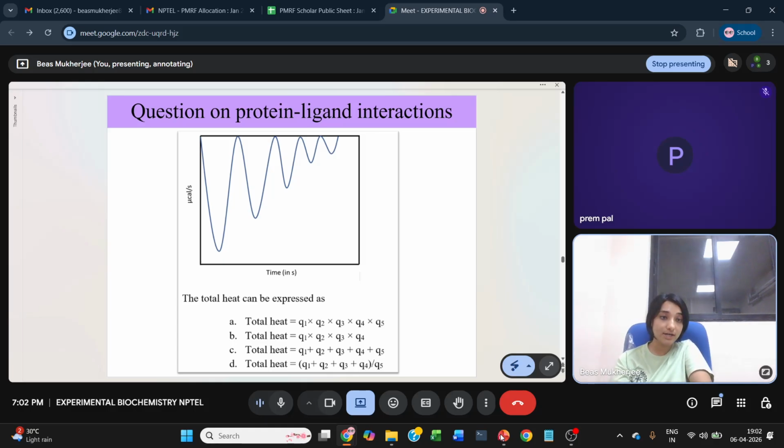Okay. Now this is another important question. This is the raw data plot of a particular thermogram. Now you can see the total heat can be expressed as. So there are these different Qs, and whether the total heat is multiplication or addition or what is happening.